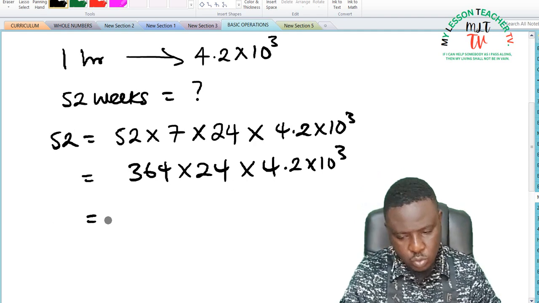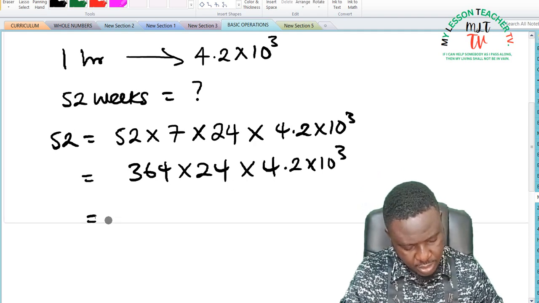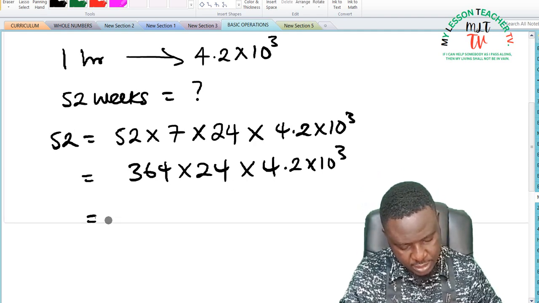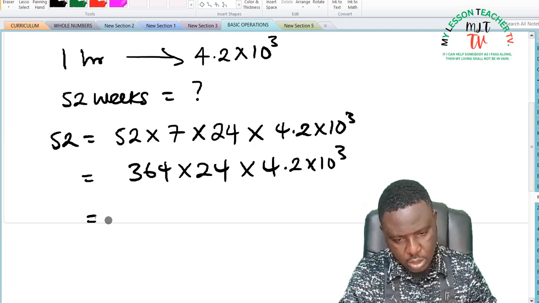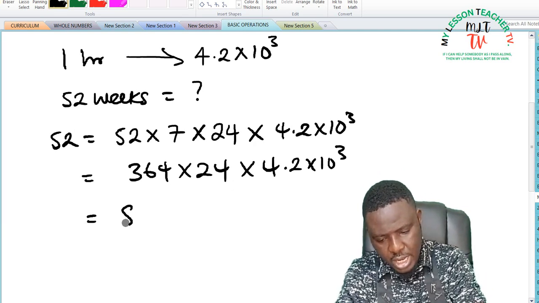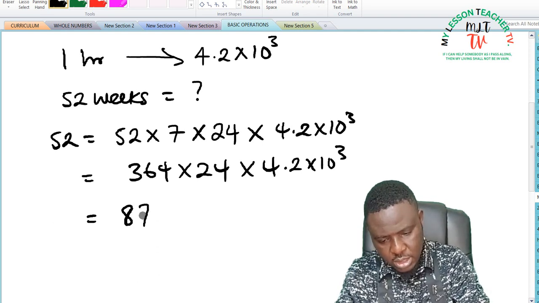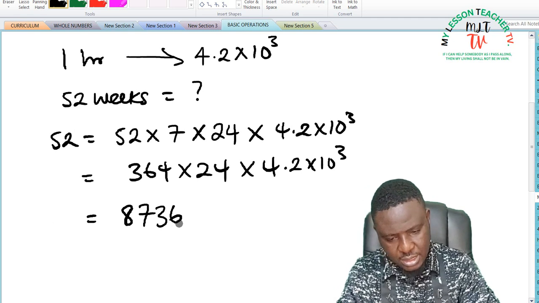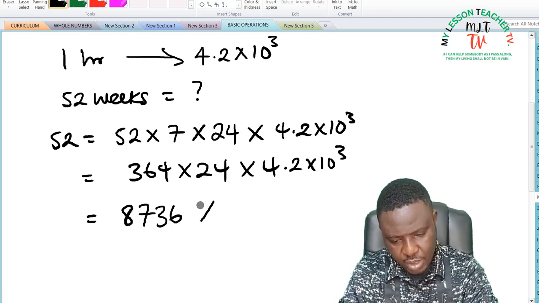This is equal to, if you multiply that by 24, it gives you 8,736 times 4.2 times 10 raised to the power of 3.